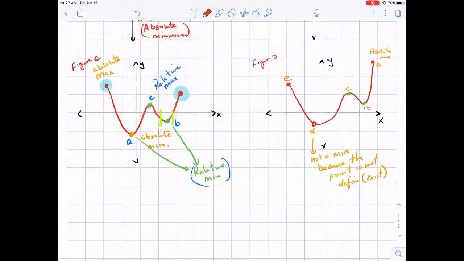This point here, since it's low, will be a relative min. This here will be a relative max. Once again, because I can look to the left of it and I can look to the right of it.